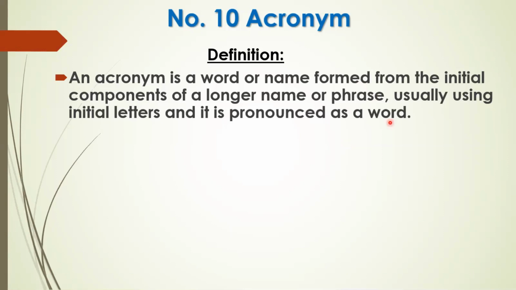In an acronym we do the same, but we pronounce it as a word, not separately. For example, KMC or KE, Karachi Electric, are pronounced letter by letter, but in the case of an acronym, we pronounce it like a word.